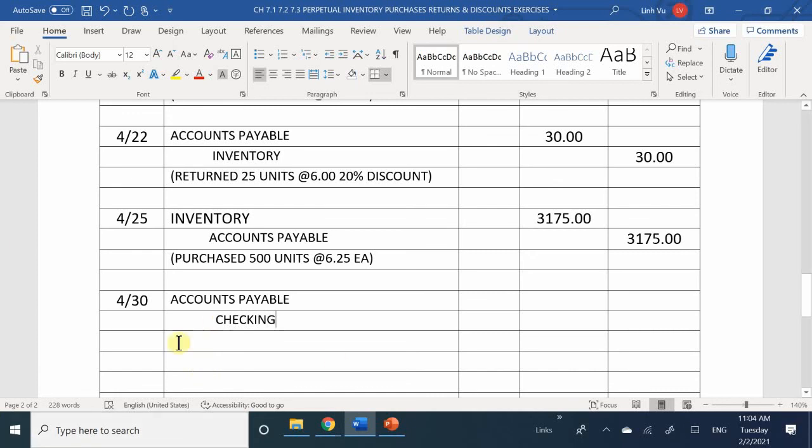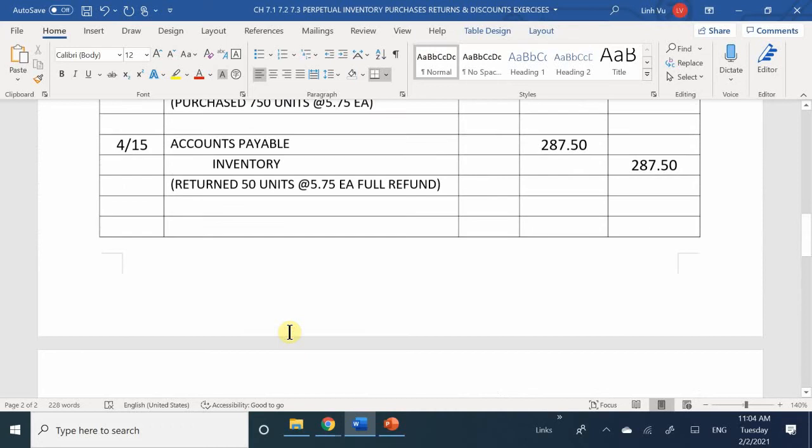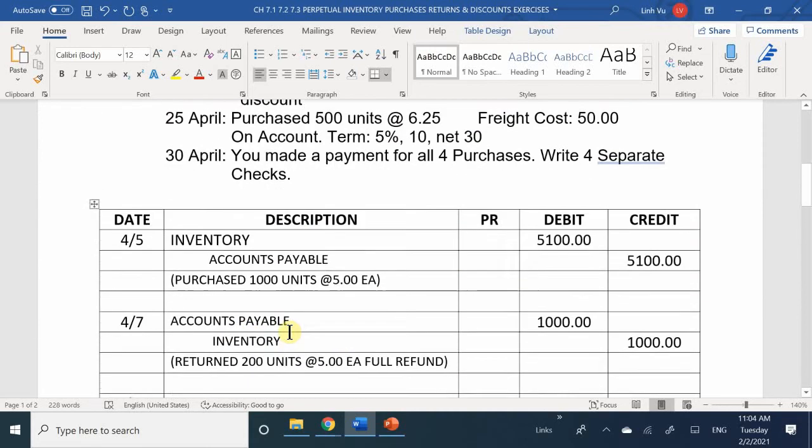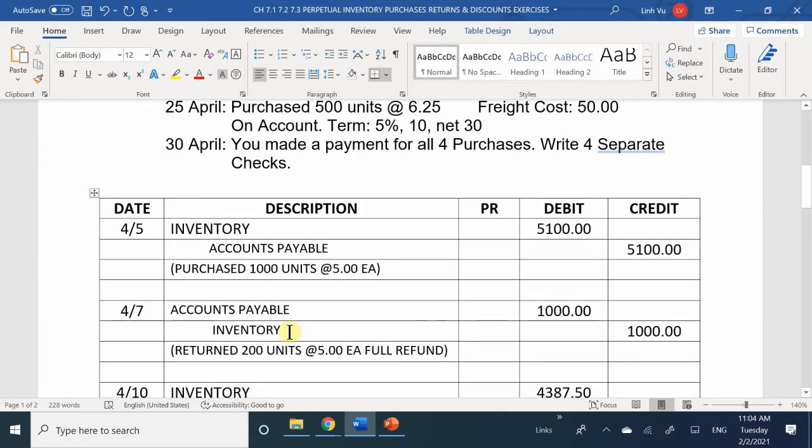Now, because we made a purchase and we also made a refund, how much is my total accounts payable for my first purchase?